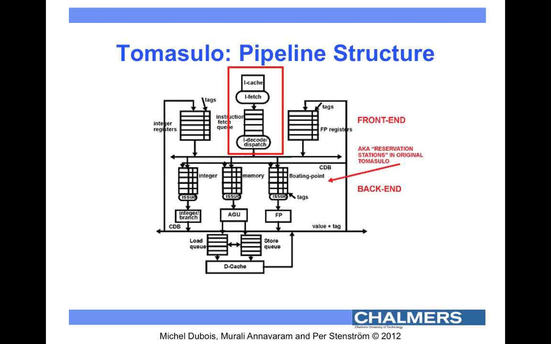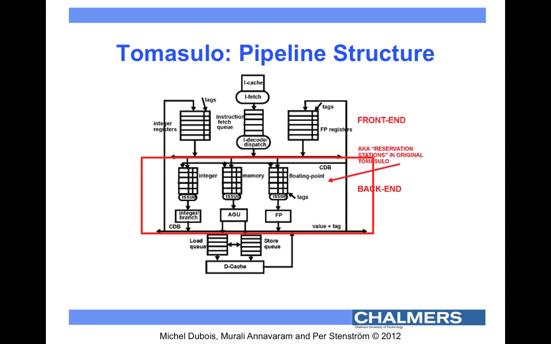So at the top of the pipeline diagram, we have the instruction fetch stage. And here we simply fetch instructions from the iCache, and they are decoded and then immediately dispatched to one of many execution units, depending on the type.